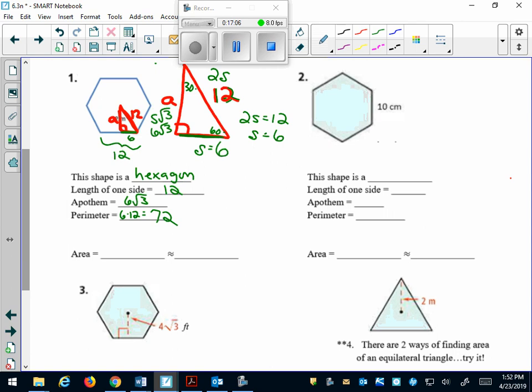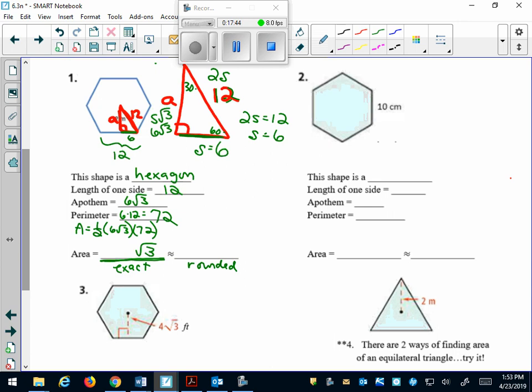Well, as long as we have that, we can get the area. 1/2 AP. Apothem is 6 root 3. Perimeter is 72. Area equals 1/2 AP. Notice they've given us 2 blanks here. The first blank is for the exact form. The second one is for the rounded or the approximate. So, exact form, we're going to leave the root 3 in there. And we just need to multiply the numbers together. 1/2 times 6 times 72.